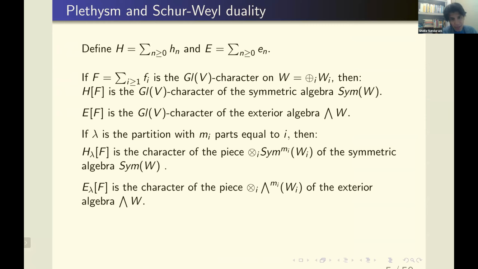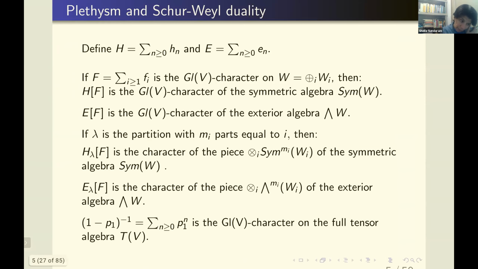So I'm taking the mi-th symmetric power of Wi and tensoring all those together. The same thing for E lambda of F. And then finally, if you just invert 1 minus P1 in the ring of symmetric functions, you're getting the sum of P1 to the n, that's a GLV character on the full tensor algebra.